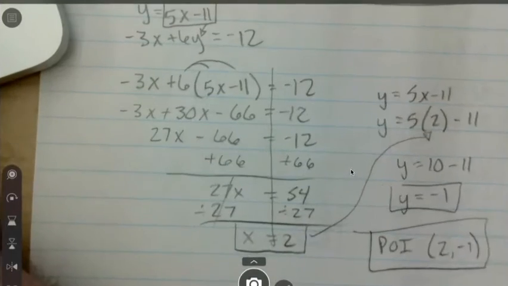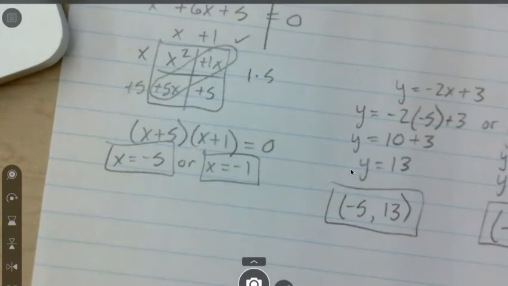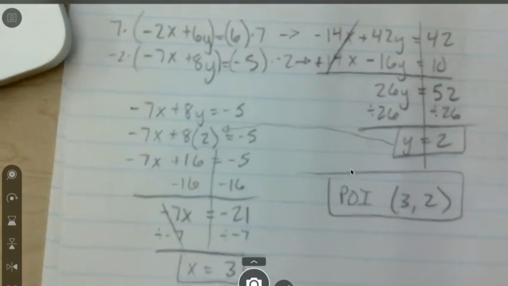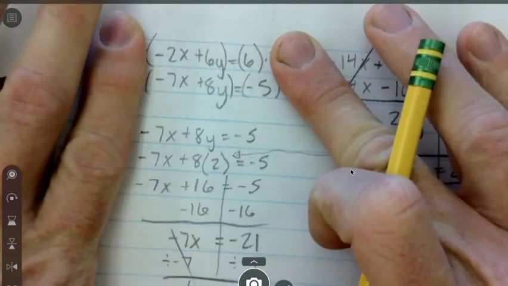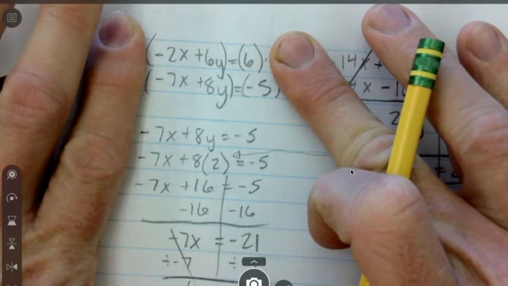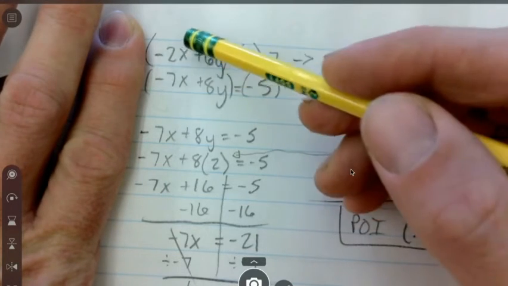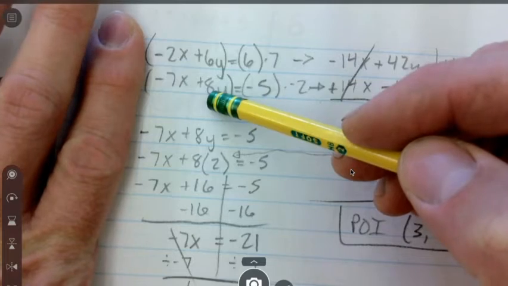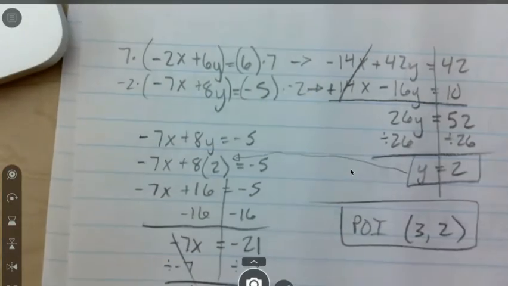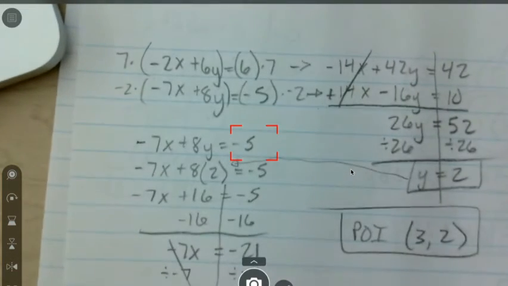So if we go back to paper here, once again, we took a look here and said if we add these two equations together, there's no way that x and y are going to eliminate, because adding these two, that's not going to be 0, and adding these two, that's not going to be 0. So we said, what would this thing have to be to make that work?